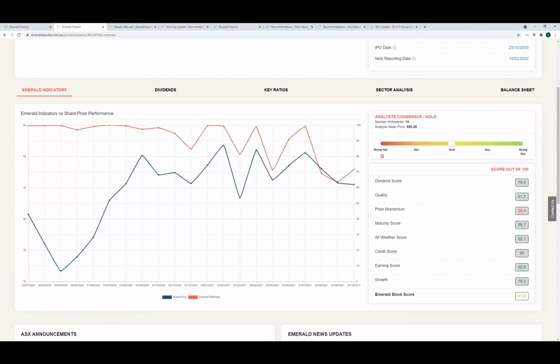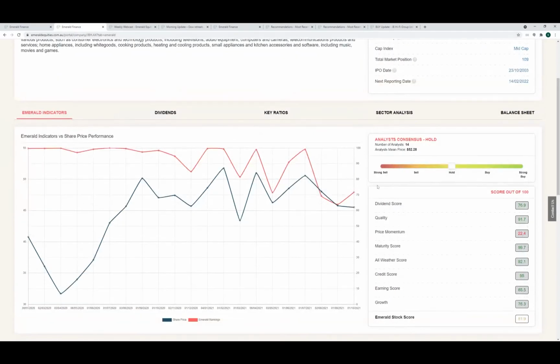The other thing that we do is we actually chart the total score over time against the share price over time. And what this means is it basically gives us a potential leading indicator of when something has underperformed relative to the Emerald score. So we can see that at the start of October, this chart is on roughly a month-by-month basis, the Emerald score for this stock, JB Hi-Fi, started pushing up, whereas the share price still remained quite weak.